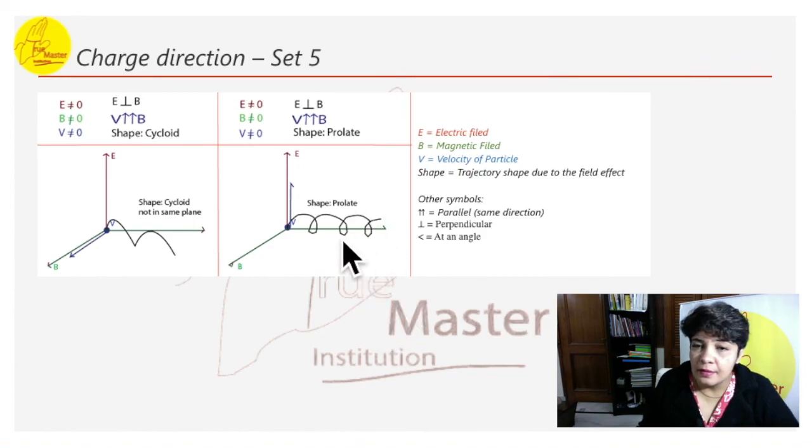So we have electric field not zero, magnetic field not zero, velocity not zero. Electric and magnetic field are perpendicular to each other. Here we are taking velocity as parallel to the electric field. So if it's parallel to the electric field, the shape is a prolate. Thank you.